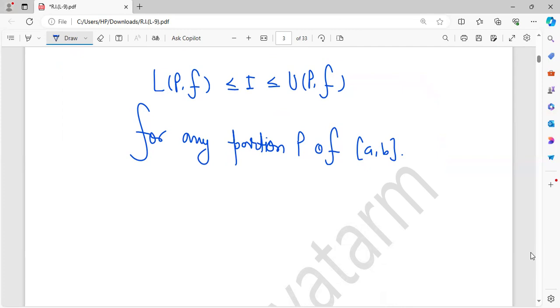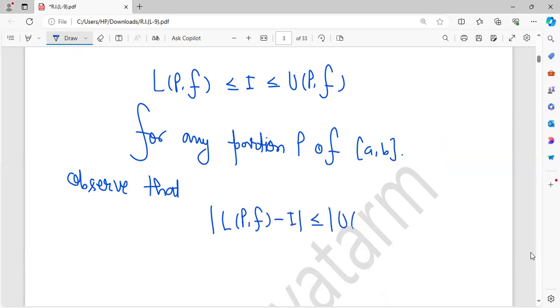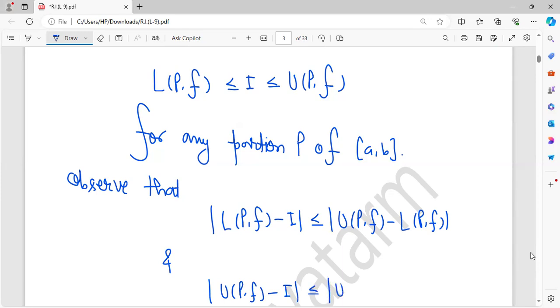Observe that because I is in between these, we have the distance of L(P,f) minus I is less than or equal to the distance of U(P,f) minus L(P,f), and U(P,f) minus I is less than or equal to U(P,f) minus L(P,f).